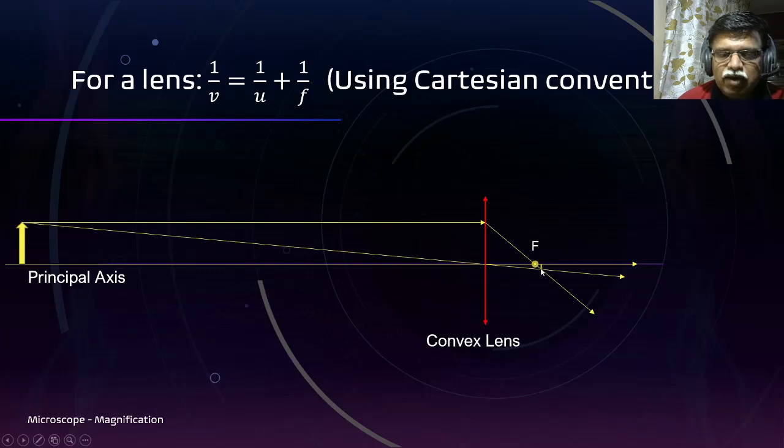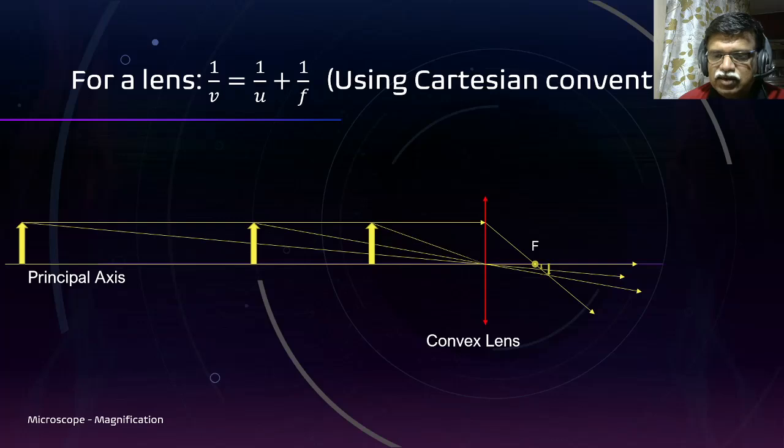Now if the object comes closer, we can have one guiding ray the same, and the other guiding ray passing through the center of the lens can tell us that the image should form at this particular point. Similarly, if the object comes even closer, the image formation is going to be at a greater distance, and the size of the image will also go on increasing.